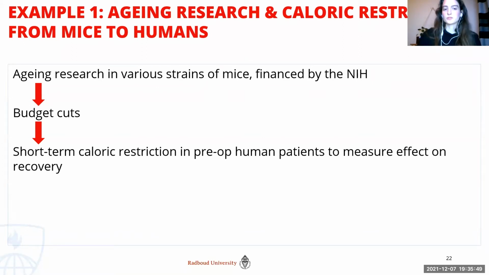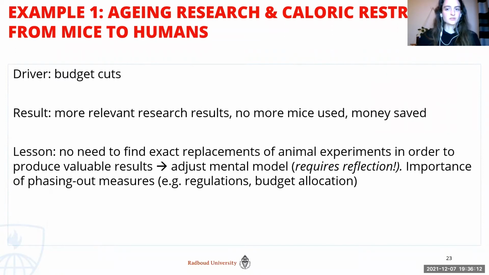And of course, what they were doing with the mice, lifelong caloric restriction, is not something that you can do in human volunteers. I don't think anyone would sign up for a significant caloric restriction for their whole life. So that would also not be so relevant if no one is going to do it anyway. So what can we learn from this?